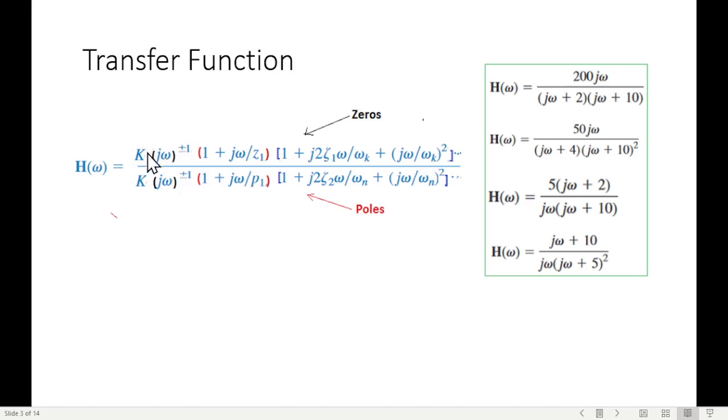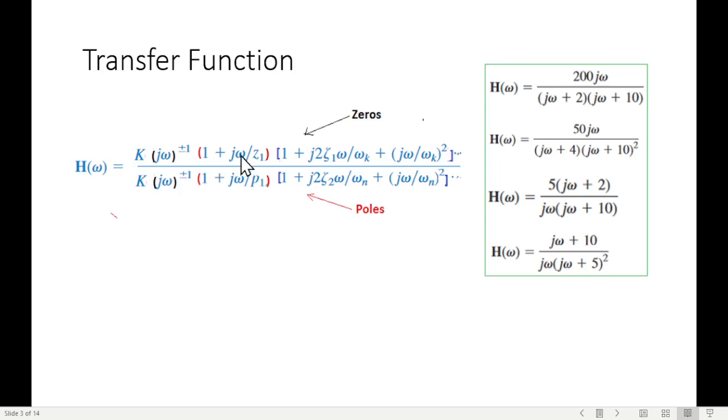Then we'll have simple j omega terms. So j omega terms, this is called the zero of origin function, and similarly, if there is a j omega at the denominator, this will be called pole of the origin. So just like here.